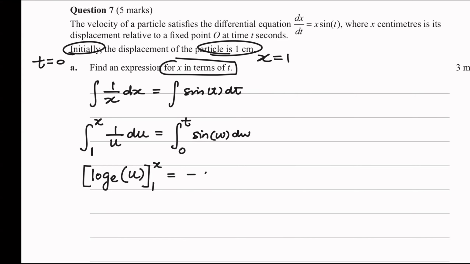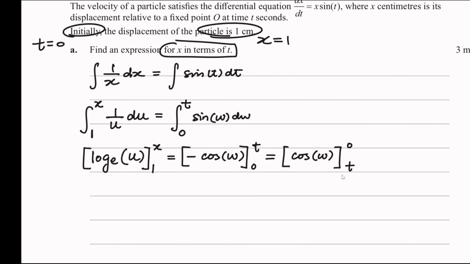And then it's a minus cosine w, 0 to t. Okay, integrating sine will give you minus cosine. But to avoid any mix-up of negatives or positives, I will get a cosine w here, but then I will reverse the limit.